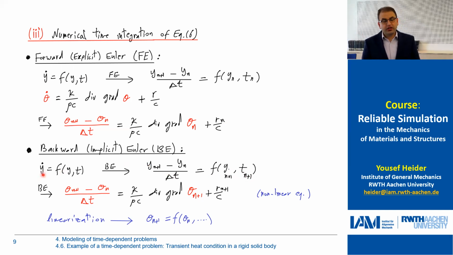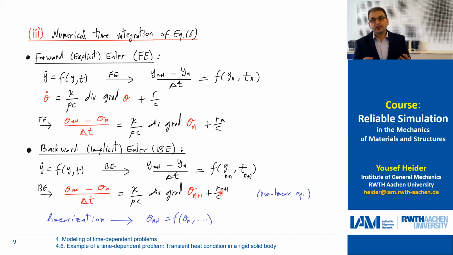Applying this methodology to our energy equation, it would be (zeta_{n+1} minus zeta_n) divided by delta t. This is the first part, and the rest of the equation is discretized at the next time step. It means that we have kappa divided by rho c times the divergence of the gradient of zeta_{n+1}, plus R_{n+1} divided by c.